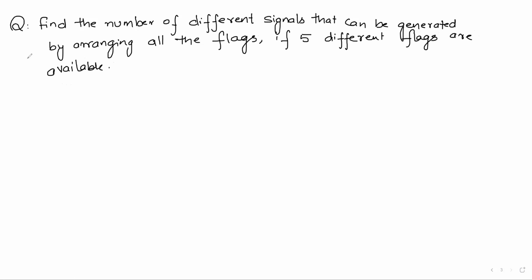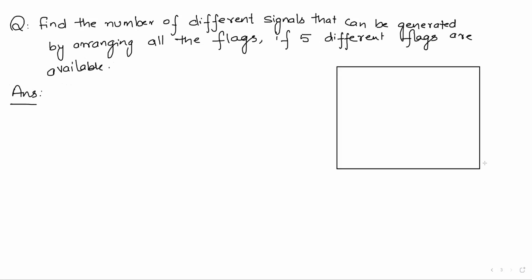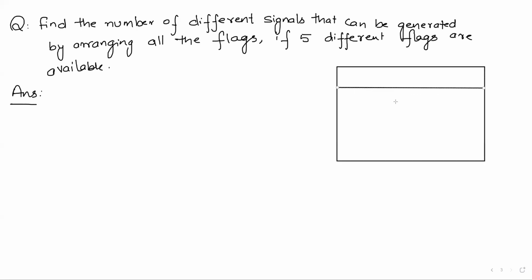So please try this question. You need to find the number of different signals that can be generated by arranging all the flags if 5 different flags are available. So you have this signal and this signal must have 5 flags. Okay.